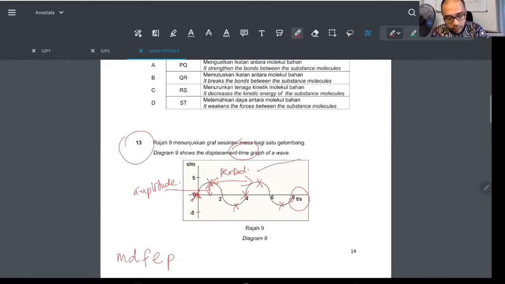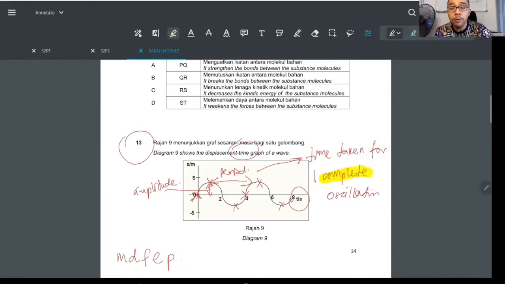The definition for period is the time taken for one complete oscillation. Emphasis on the word complete. No complete, no mark. One complete oscillation means going there and coming back. The time taken is called the period, and you know this period from the displacement time graph.